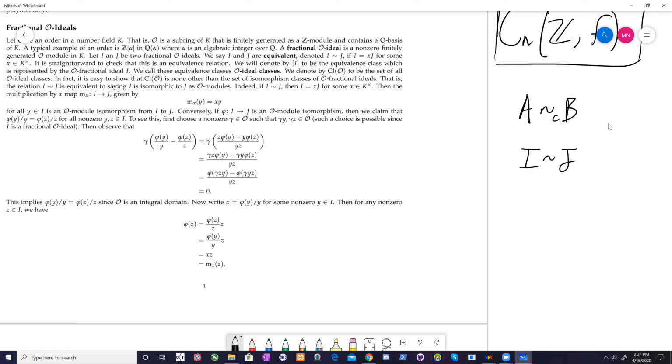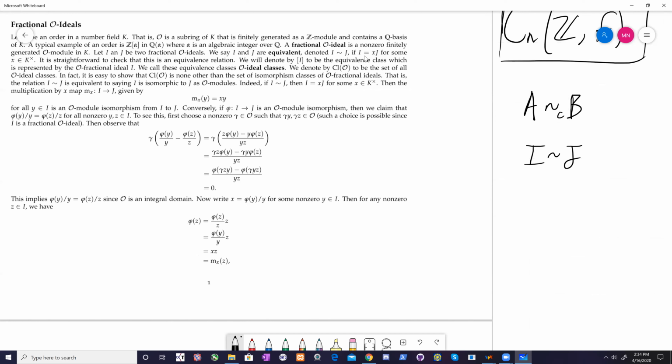We say that I is equivalent to J if I = xJ for some non-zero x in K*.